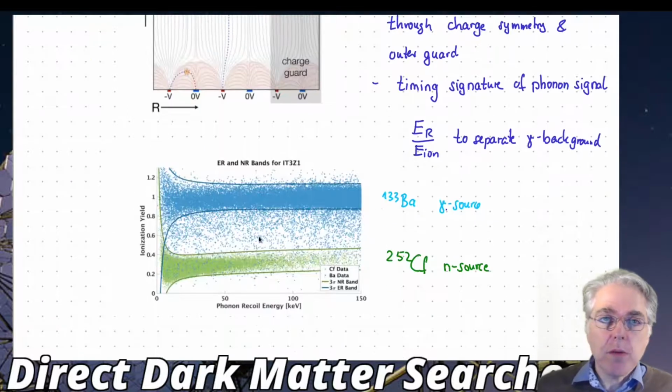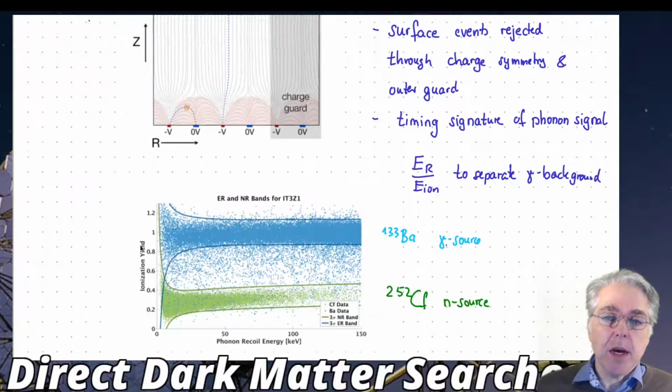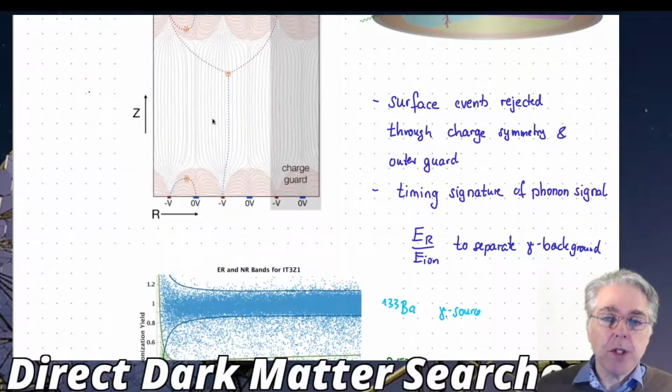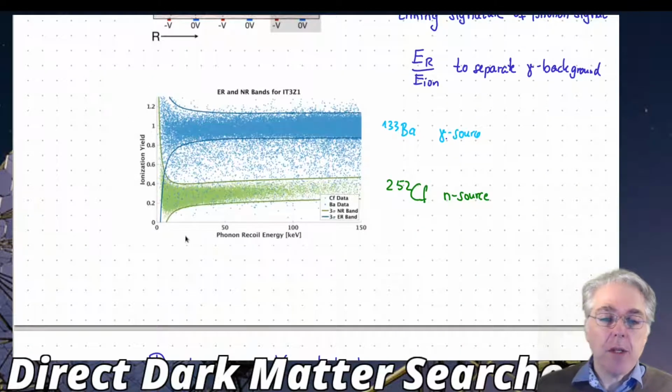Now, the separation works in such a way that you can measure for each particle the ionization yield. So that's the amount of charge that is being produced in the scattering. And you can measure as well the phonon component of the scattering event. And in a two-dimensional plot, you can make out two distinct bands. And in this case, the bands are populated by calibration sources.